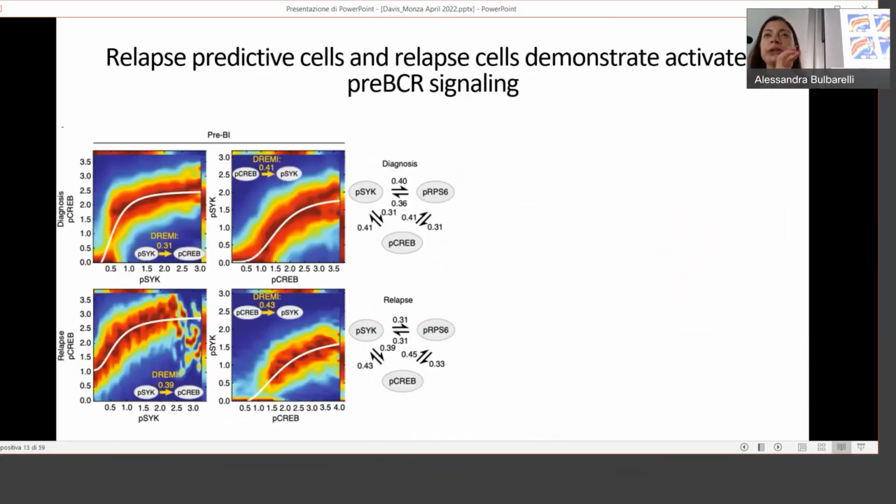And to zero in a little bit on those cells that we found, this is a fancy way of looking at the relationship between these signaling networks, which is conditional dependency analysis.